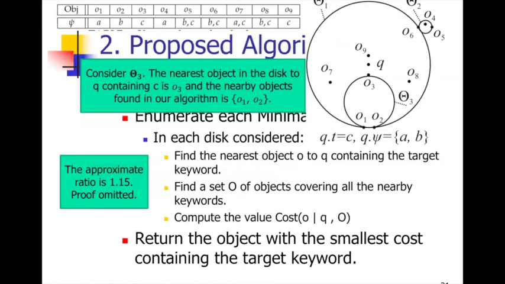The nearest object in the disk to Q containing the target keyword C is O3. And the nearby objects found by our algorithm are O1, O2. Finally, the algorithm returns the object with the smallest estimated cost containing the target keyword. And the approximation ratio is 1.15.